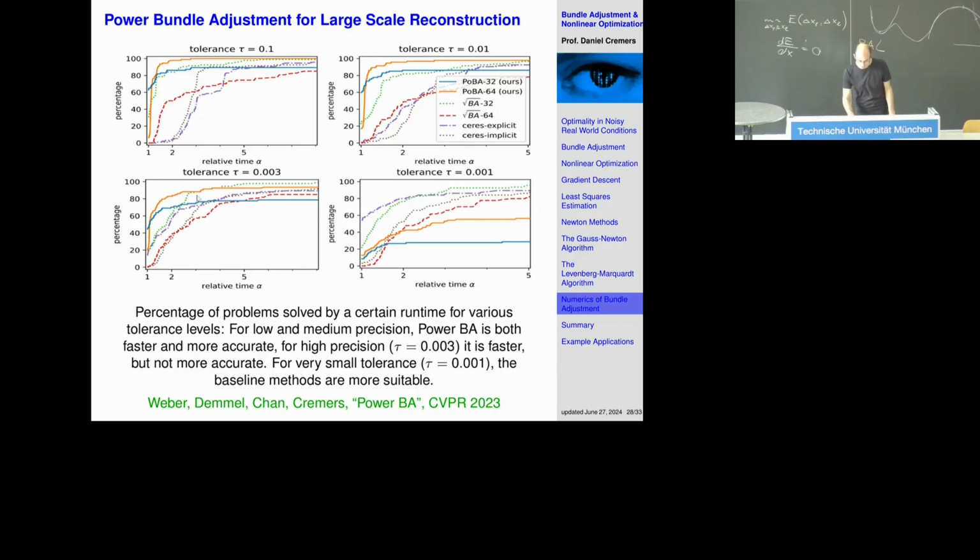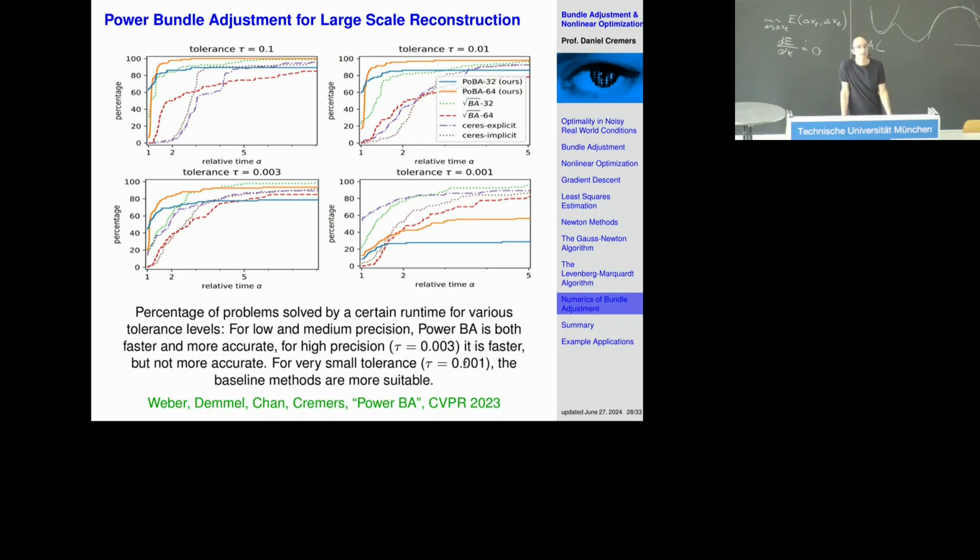But in practice, you typically don't care about super high precision when you solve these bundle adjustment problems. In fact, what is conceivable is that you solve the bundle adjustment problems with power bundle adjustment up to a high tolerance, and if you want extreme tolerance, you can then run a classical solver on top of it. Sorry, I say high tolerance, I mean high precision. That amounts to small values of the tolerance tau.